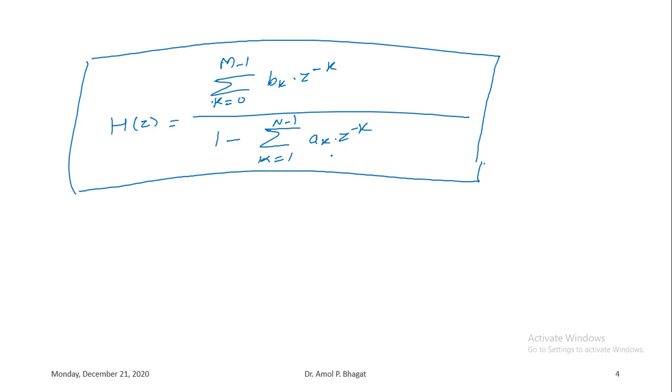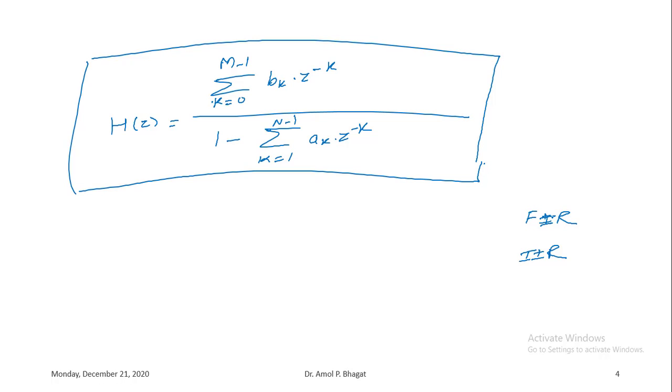So these are in the denominator: output is in denominator, inputs in numerator, right? But in this system function, this first term should be 1, so that you will get the proper realization structure for the given system. So we'll be looking at the realization of FIR, that is finite impulse response system, as well as IIR, that is infinite impulse response system, right?